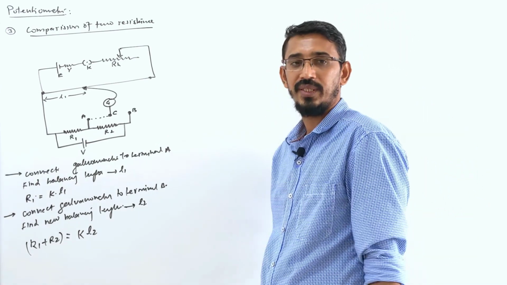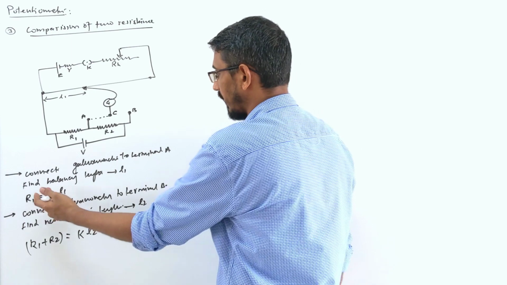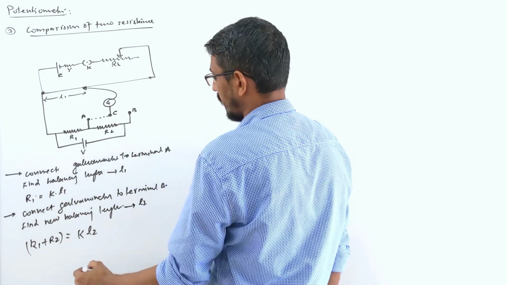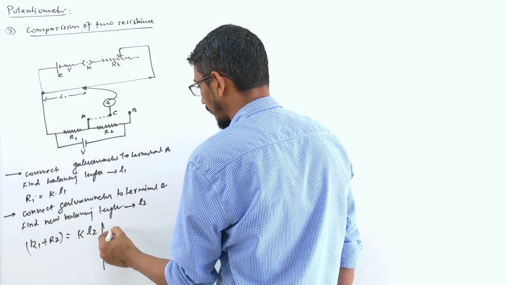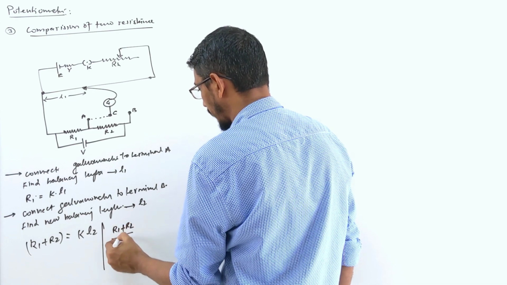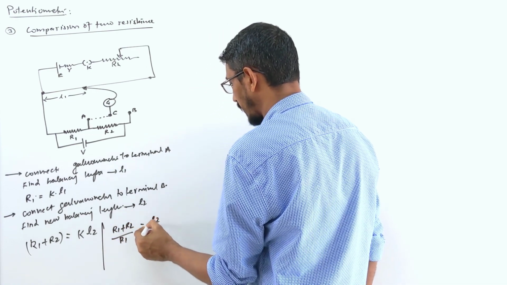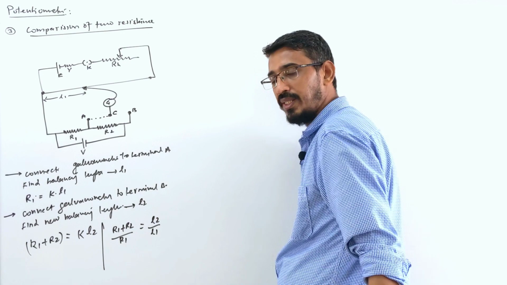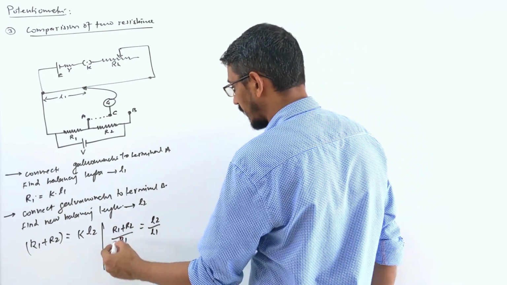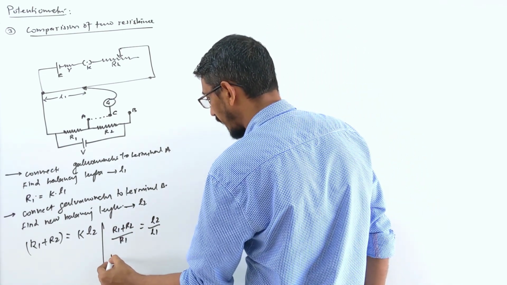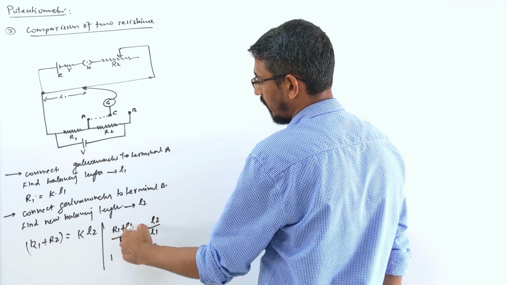Now you can divide, that's your answer. So divide this by this or that by that, doesn't matter, your choice. So you write R1 plus R2 by R1 is equal to L2 by L1. K gets cancelled, right? So this you can also write simply: 1 plus R2 by R1.